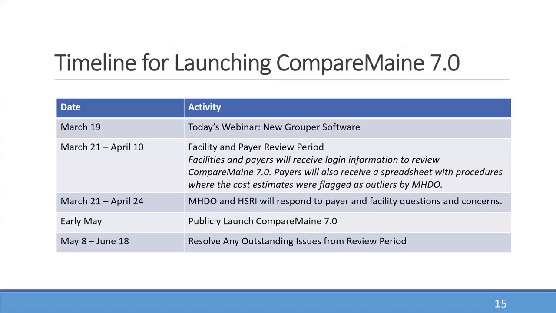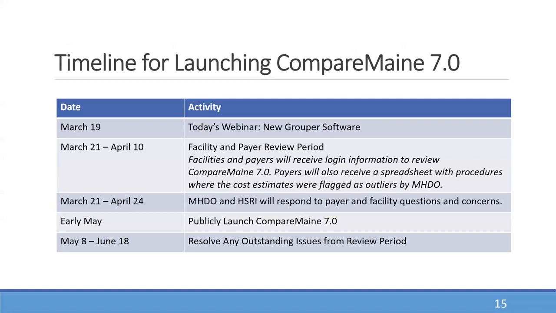So obviously, we have the review period, so all facilities can take a look at their estimates, and we're really happy to answer any questions that come up, but we're hoping that that's in line with what you're used to seeing for the different surgical episodes as we presented with the last update.